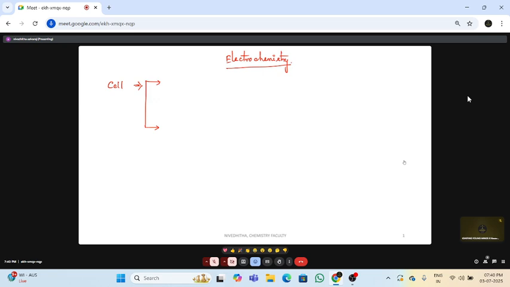I don't want any definition. Please tell me how you understood the concept. What is a spontaneous reaction? What is spontaneity? If a chemical reaction is happening by itself, then that is called a spontaneous reaction.